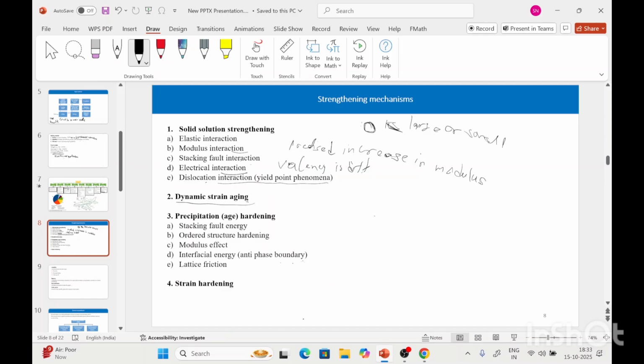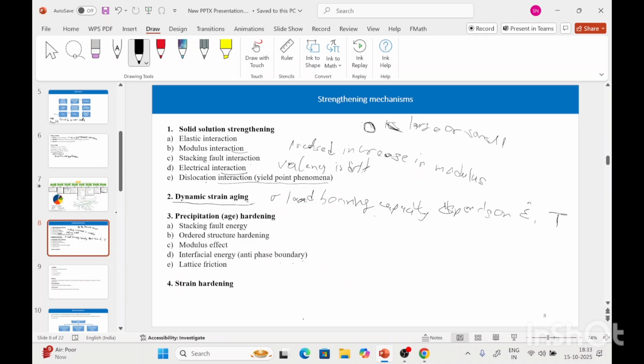Second is dynamic strain aging. Dynamic strain aging means the stress or load bearing capacity depends on strain rate and temperature.